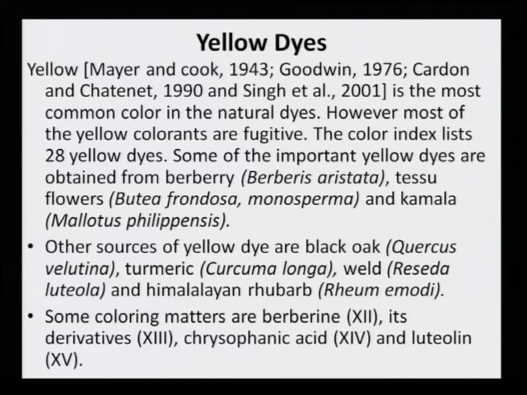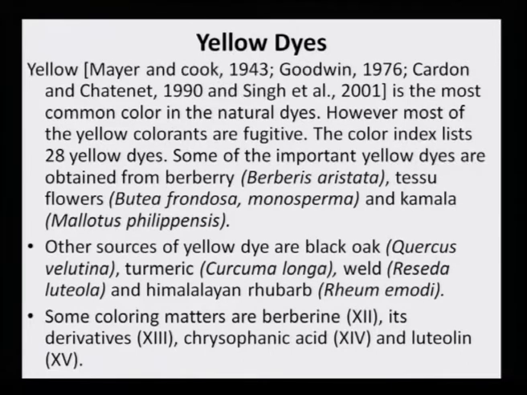I just mentioned yesterday about tesu flowers and the festival time associated. Because it blooms at a particular Basant festival, it is extracted from the plant Butea frondosa, and Kamala, which is Mallotus philippinensis.